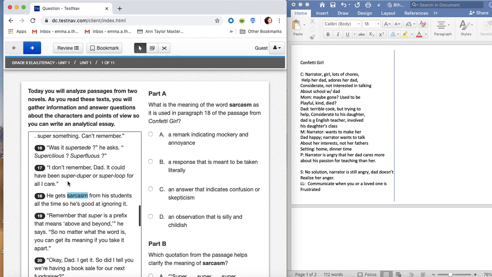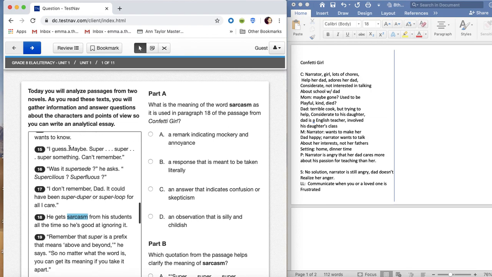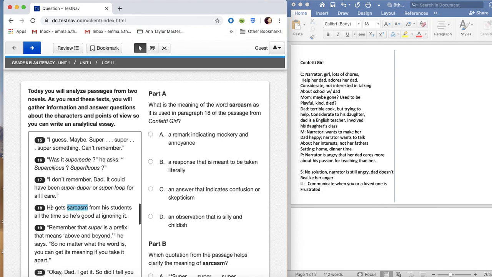It could have been super duper. Oh yeah, this is the part where he asked her vocabulary word and she was kind of like, super duper, super loop for all I care. So she was being rude here. And then after, it said he gets sarcasm from his students all the time, so he's good at ignoring it. He gets blank all the time from his students.